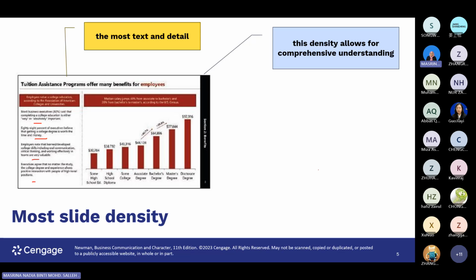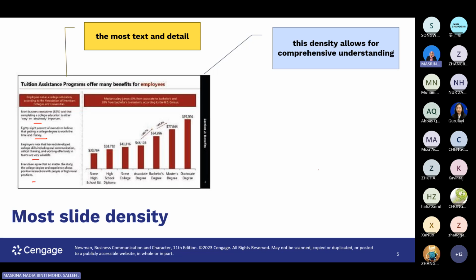This allows for comprehensive understanding. With all the lengthy information on the right side, this density allows for comprehensive understanding. So what does it mean?